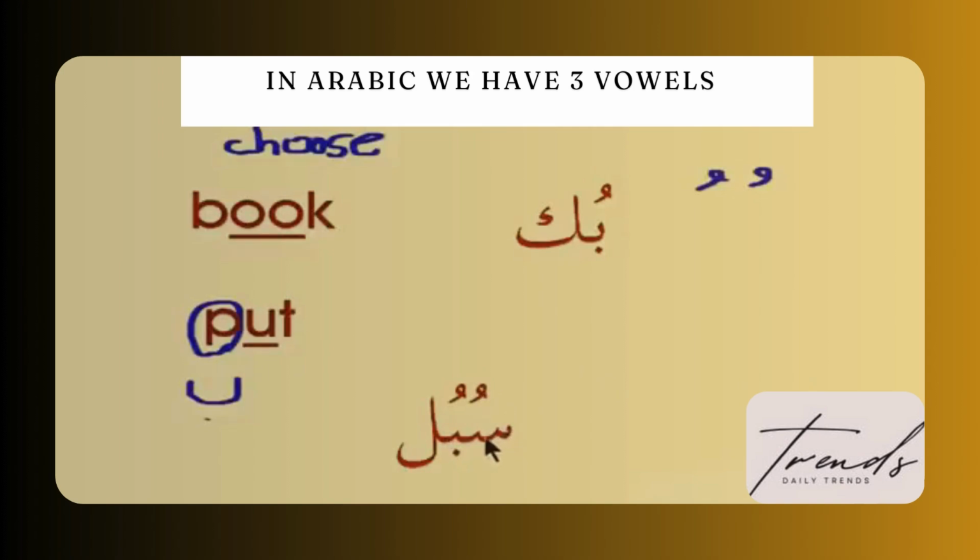If we break this up, there's a sin with a dhamma, then a ba with a dhamma, and there's the lam, like the letter L. So to pronounce this, it has an S sound. So su, bu, and lam. So subul.